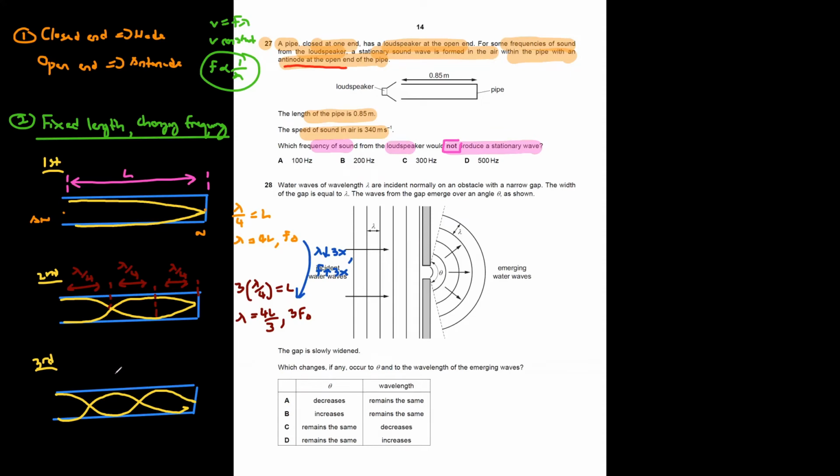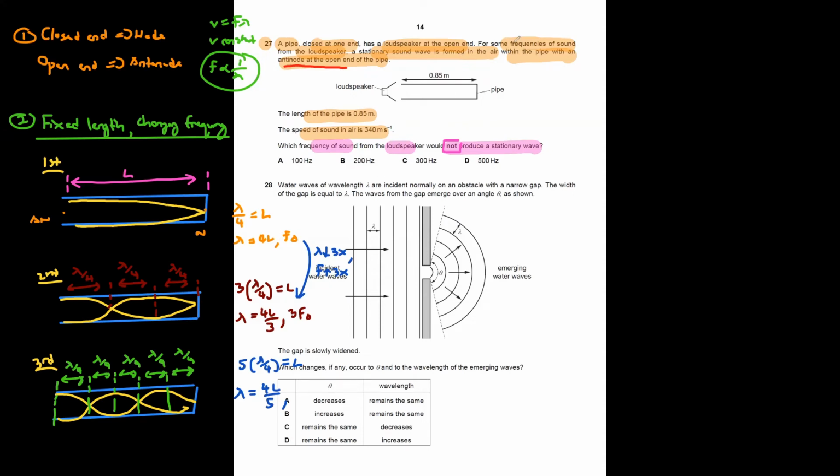Okay, then if I move on to the next one, the third formation of my stationary wave, you will notice that you actually have 5 quarter wavelengths as indicated here. This one is a quarter wavelength, this one is a quarter wavelength, and so on, up to 5 quarter wavelengths equals L. And then the wavelength here would just be 4L divided by 5. So what would be your new frequency?